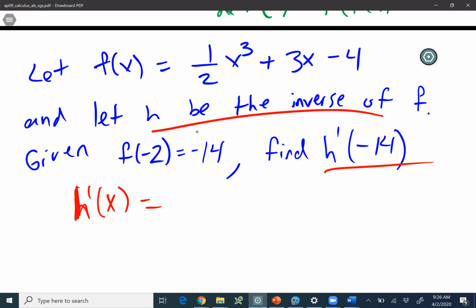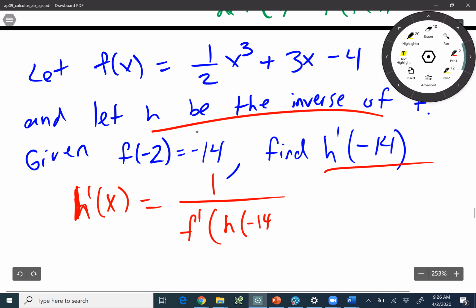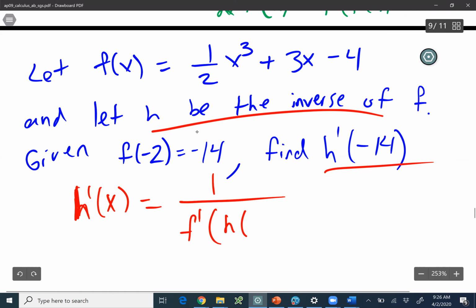Is that the derivative of an inverse is 1 over f prime of h of x. Or not negative 14 here, because we're not plugging that in yet. h of x, right? We're just doing x right now. So that's our generic formula.